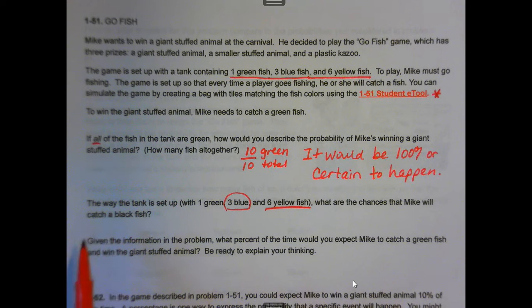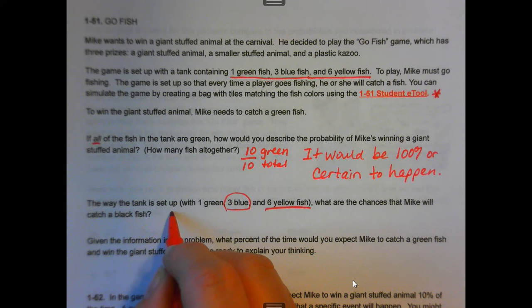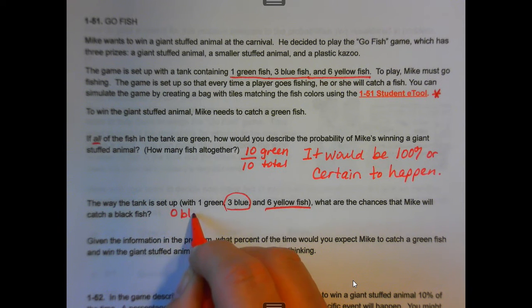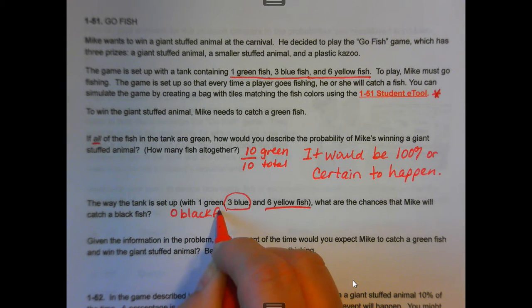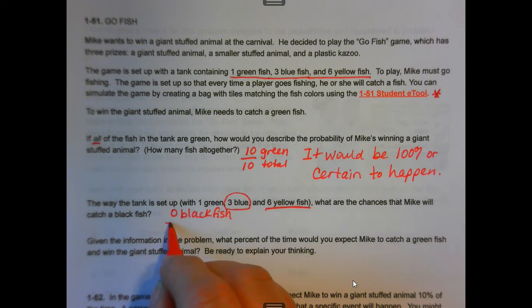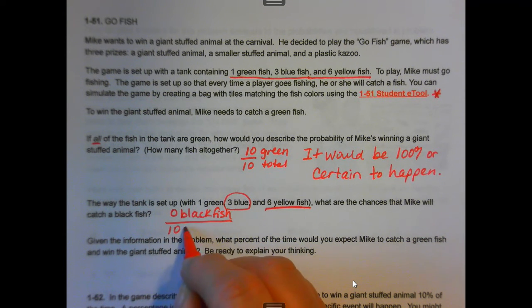Let's take a look at this next one. The way the tank is set up, with 1 green, 3 blue, and 6 yellow fish, what are the chances that Mike will catch a blackfish? Well, I don't see any blackfish here, so I would have 0 blackfish out of 10 total.